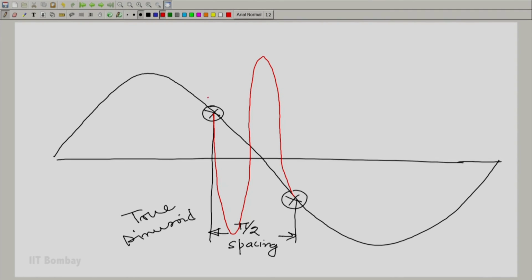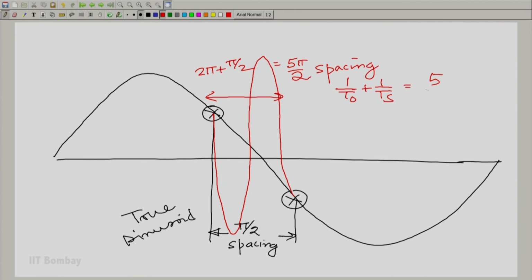So, what is the situation here? You have 2 pi plus pi by 2, which means 4 times pi by 2 plus pi by 2, 5 pi by 2 spacing. And this is a situation of frequency 1 by T0 plus 1 by Ts, which is essentially 5 by T0 as we saw.